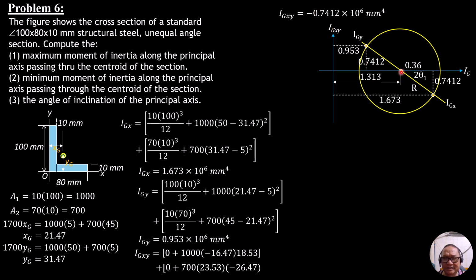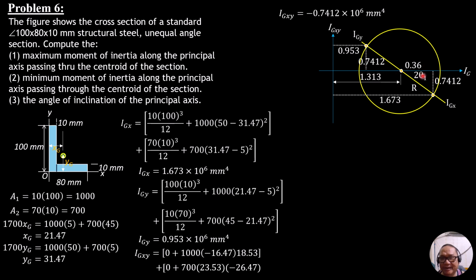So the center would be 1/2 of quantity 1.673 plus 0.953, and that is 1.313. Then 1.673 minus 1.313 is 0.36. That is also the same as 1.313 minus 0.953, 0.36. So we have a right triangle here.